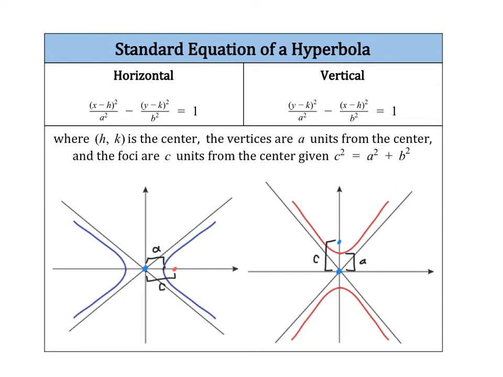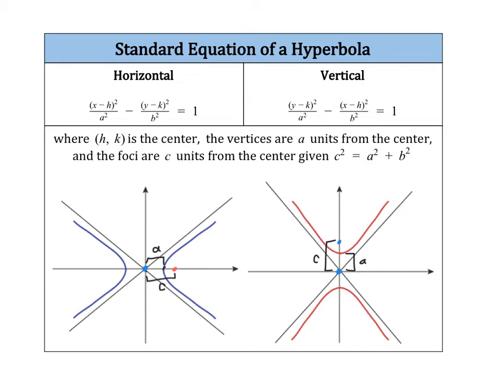Now, a few things that you'll notice are still the same. H and K is still going to be the center of our hyperbola. A is going to be the distance between your center and your vertices. So if you have a horizontal hyperbola, A is a horizontal value. If you have a vertical hyperbola, A is a vertical value.